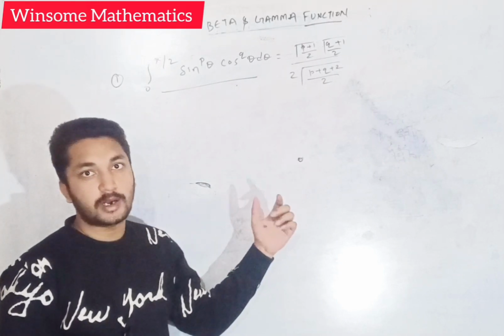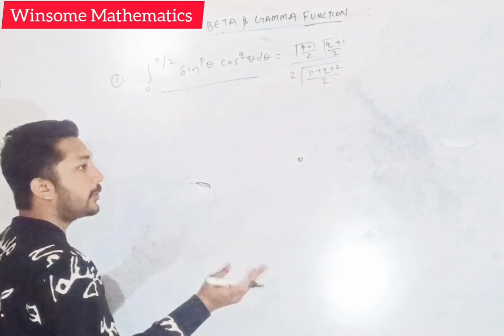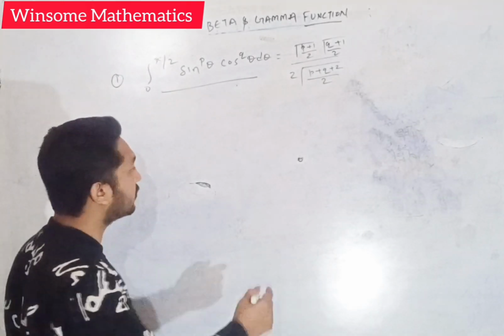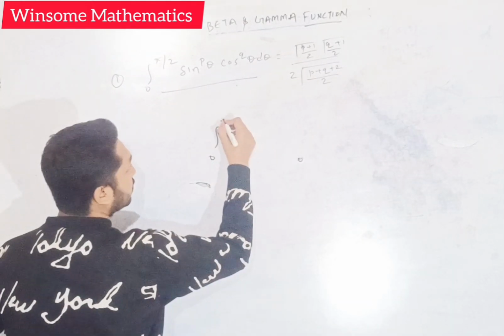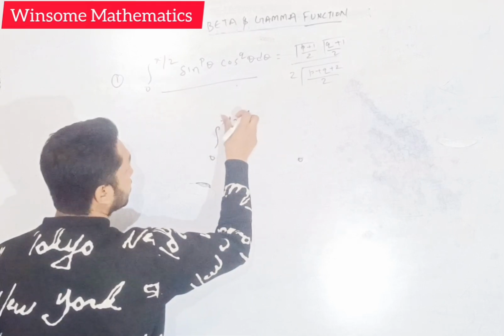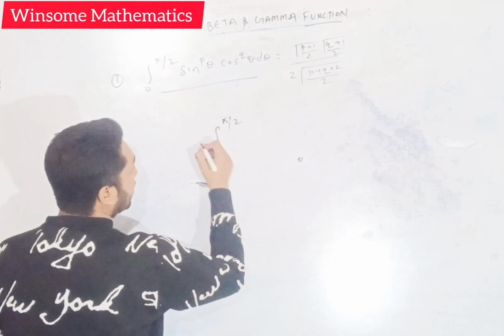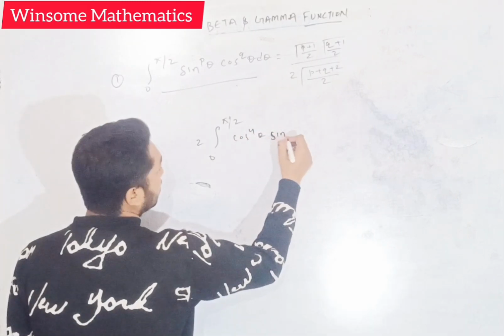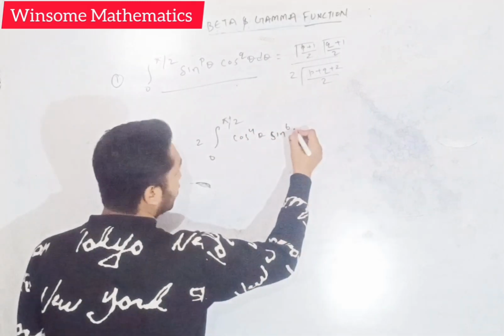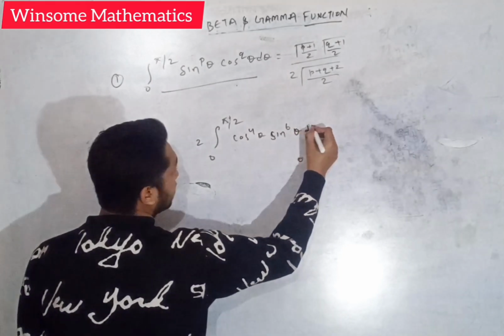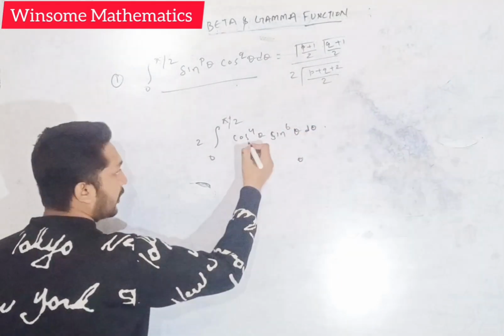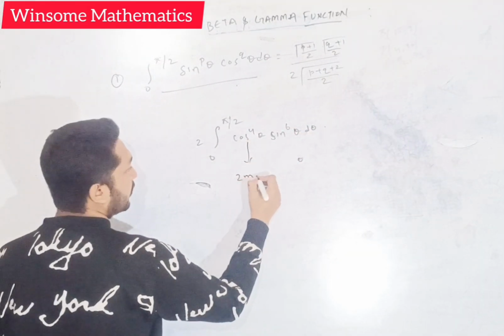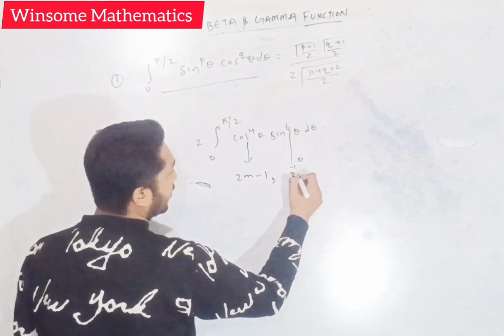Whenever we come across, like in the previous video, the example of the integral from 0 to pi by 2 of cos 4 theta, sine 6 theta d theta, we always need to compare it with 2m minus 1 and 2n minus 1.